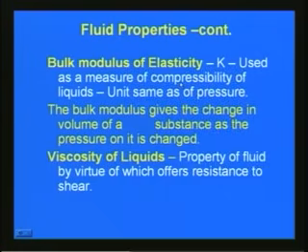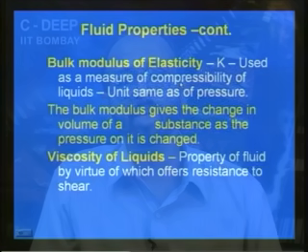Especially when we are dealing with gases and compressible liquids, this bulk modulus of elasticity is very important. The bulk modulus gives the change in volume of a substance as the pressure on it is changed. Generally this can be expressed with respect to solids and also liquids.